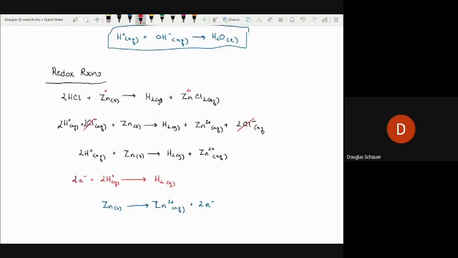Okay, so you can see we have one side of the reaction picking up electrons and one giving up. Okay, so the one where we have something gaining electrons, we call the reduction. The one where we're losing electrons, we call oxidation.